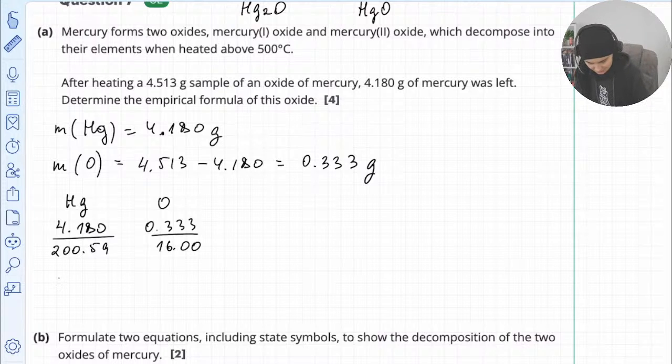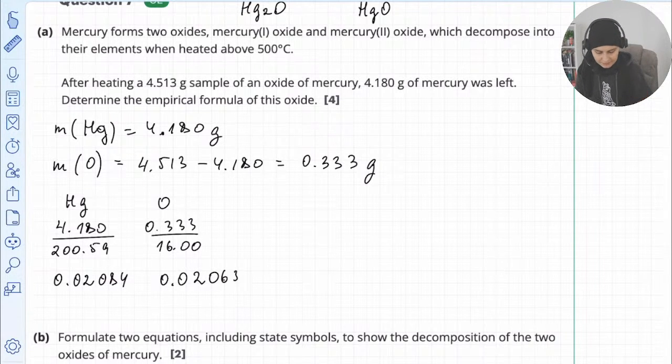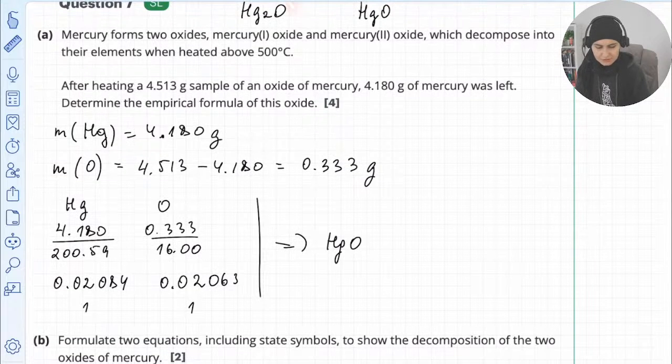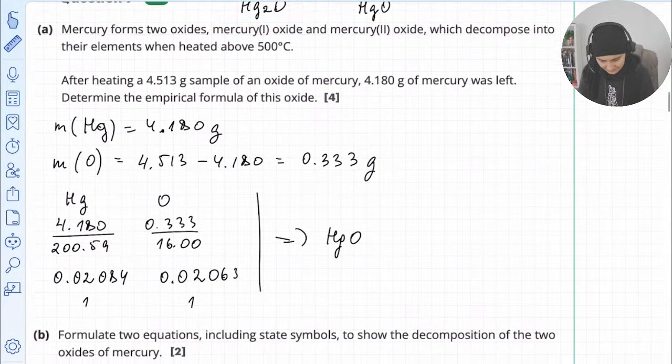So this is 0.02084, and this is approximately the same, 0.02063. So you got two numbers, then you divide by the smallest number, but of course you see that it's a 1-to-1 ratio, so it means that the oxide would be HgO. If we got a 2-to-1 ratio, it would have been Hg2O. So that's the empirical formula.